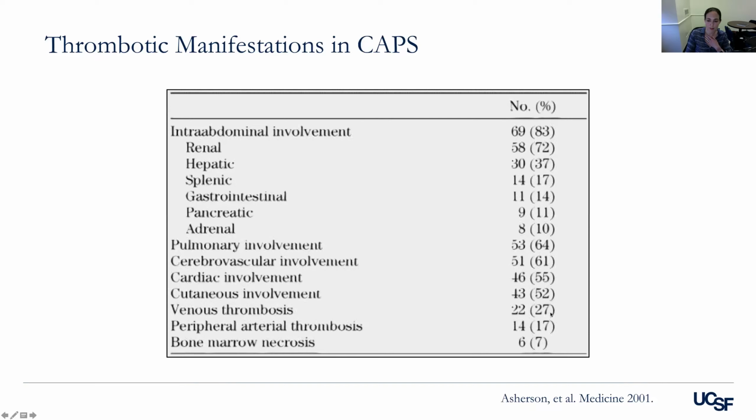Also important to point out that macrovascular thrombosis can occur, but is relatively uncommon in these patients compared to, of course, patients that have classical APS. But you can get a sense here that essentially any organ in the body can be affected.